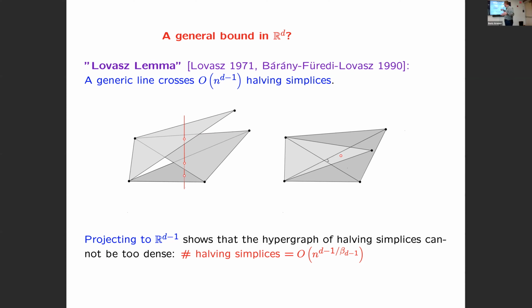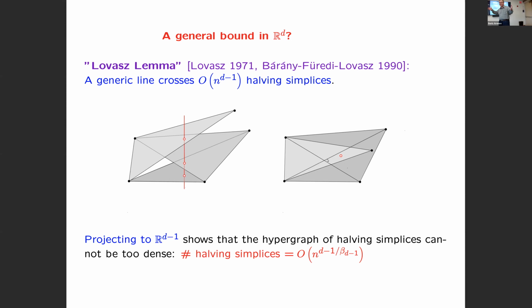So if you use a second selection lemma theorem, it eventually implies this upper bound on the number of halving simplices. In other words, this hypergraph of halving simplices cannot be too dense.